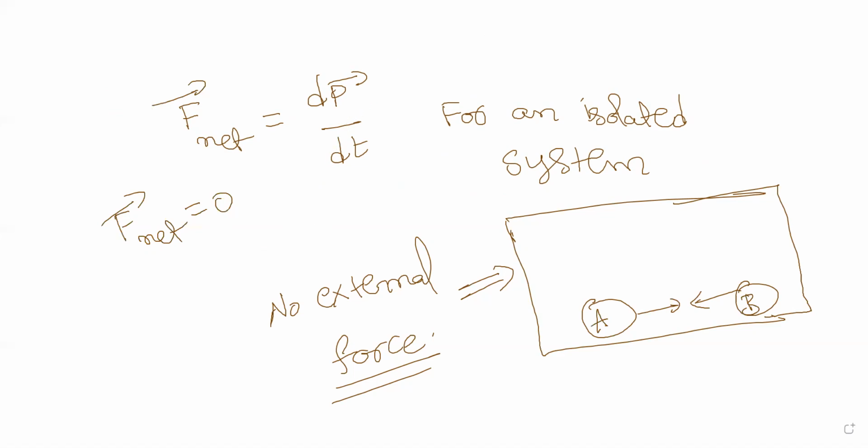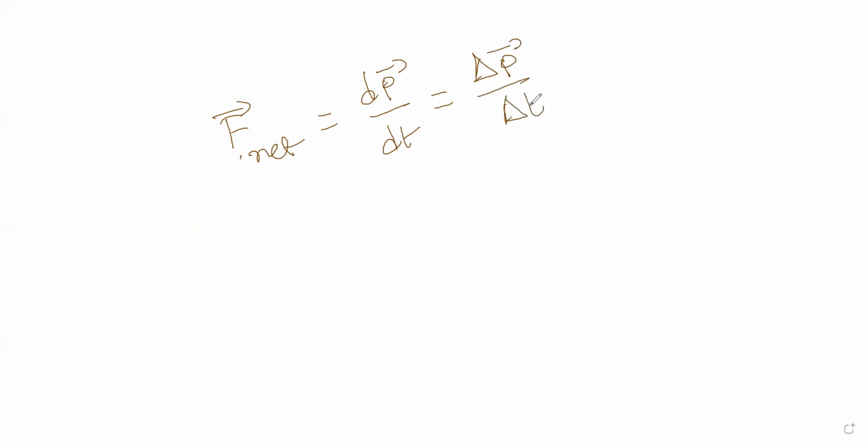Now we can say that F bar net is dP bar by dt. In fact, I can write it as delta P bar by delta t for any large change in the momentum. So we can set it to zero, which means that delta P bar is zero.